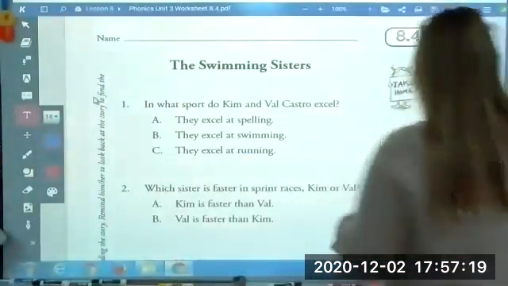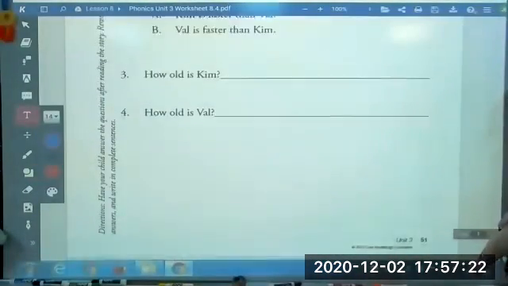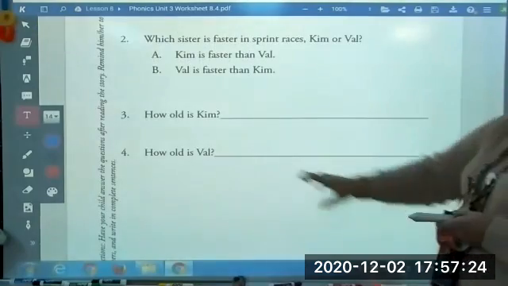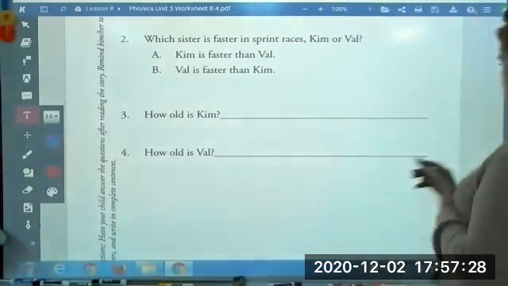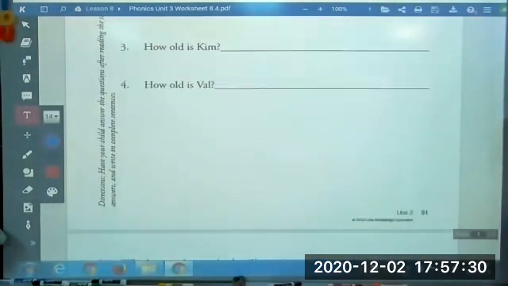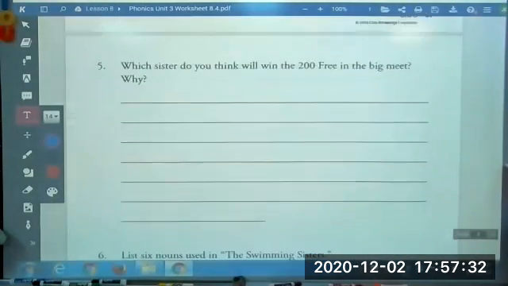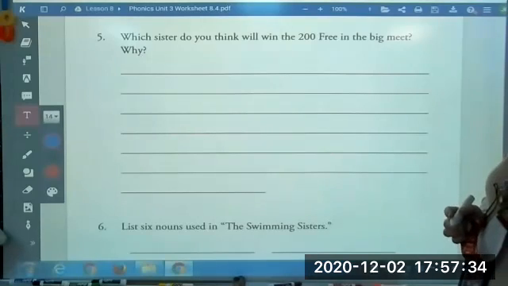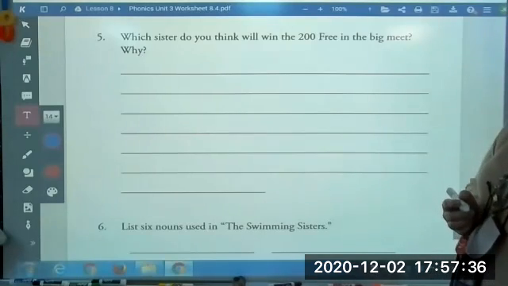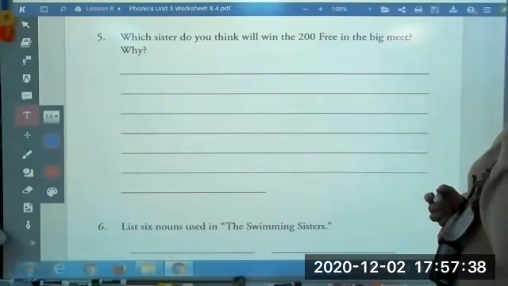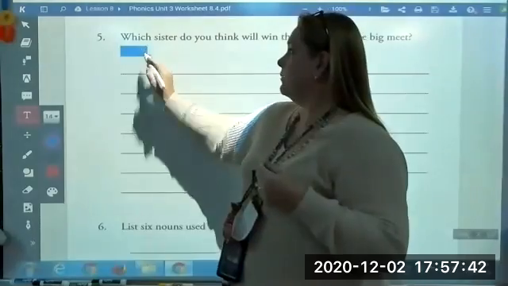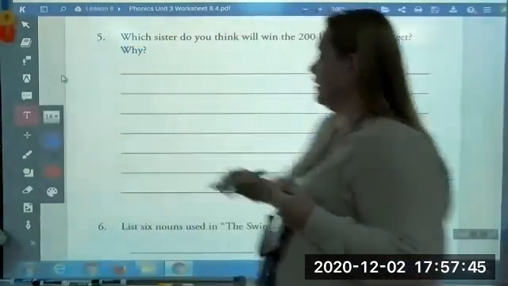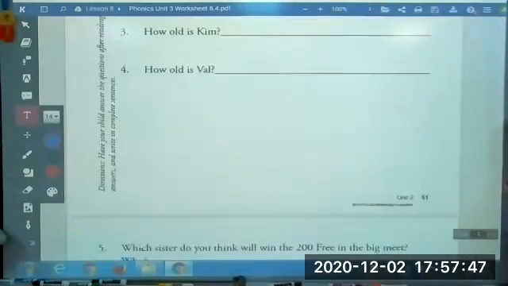You have 2 multiple choice questions, and then it wants to know how old Kim is and how old Val is. And then on the bottom page, you are going to type or write your answer. Which sister do you think will win the 200 free in the big meet? And tell me why. Please don't ignore that question right there.